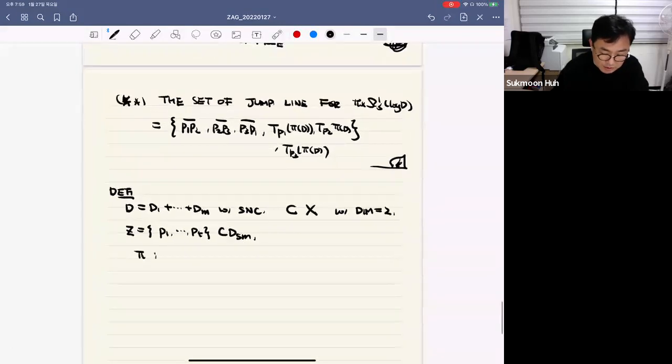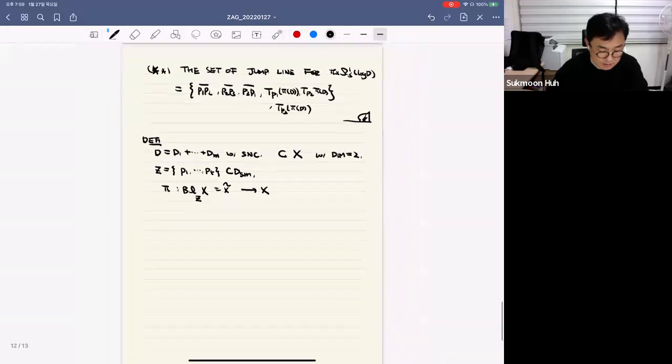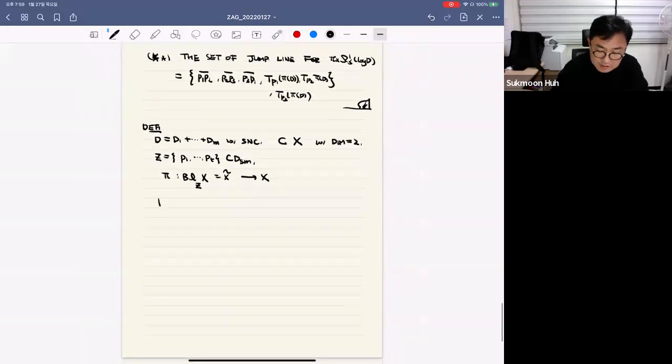And then consider the blow up of X at these points, say X tilde, and then consider the strict transform of this divisor.